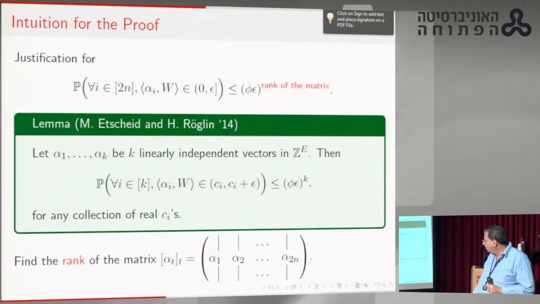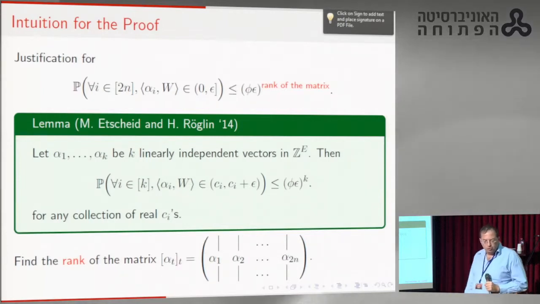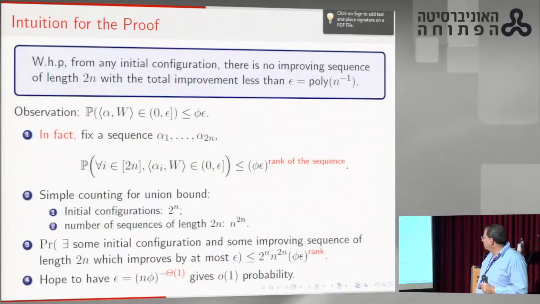Or in other words, to estimate the rank of this matrix. But we'll see that just estimating the rank will not be enough. More tricks will be needed. Some tricks were already devised by Etscheid and Roglin. I'll come back to that.